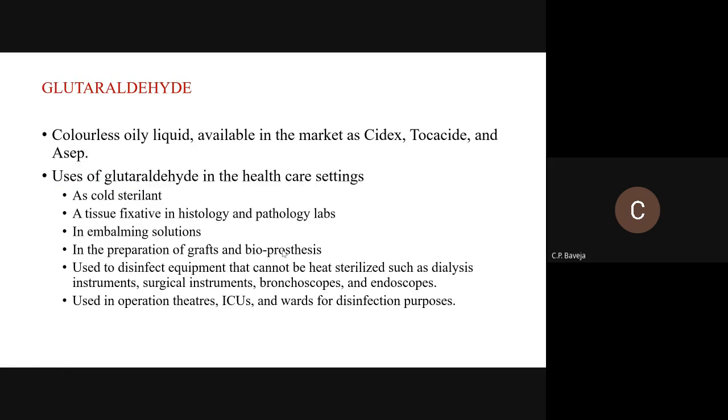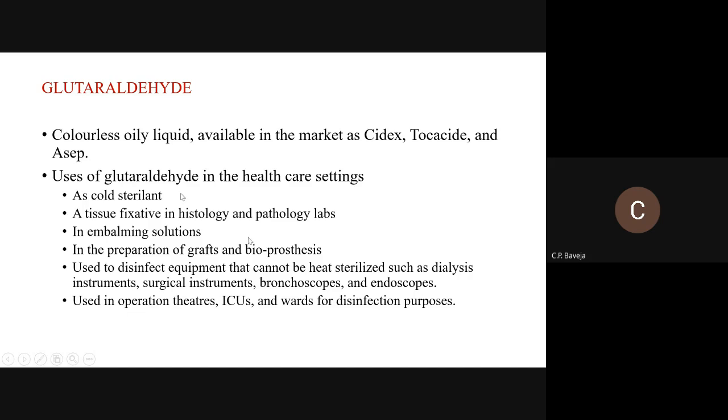Then coming to glutaraldehyde, very commonly used in the OTs, and Cidex is a trade name. It is a colorless oily liquid available in the market as Cidex or Totoxide. Uses of glutaraldehyde in healthcare settings: it's used as a cold sterilant.